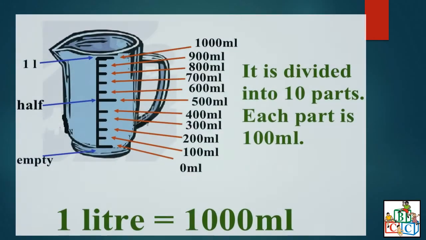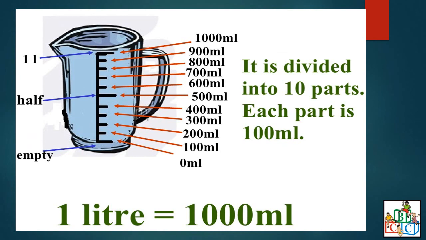Take a look at this figure. Okay, it is an illustration to show you the exact measurement of liters and milliliters. 1 liter is equal to 1000 milliliters, so it is divided into 10 parts. Each part is equal to 100 milliliters.